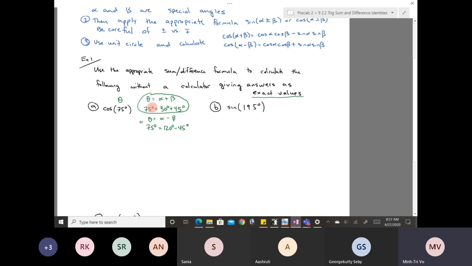So 75 is 30 plus 45. I do cosine of 30 degrees plus 45 degrees. I need to use the sum formula for cosine, which is exactly this: cosine alpha plus beta is equal to cosine alpha cosine beta minus sine alpha sine beta.